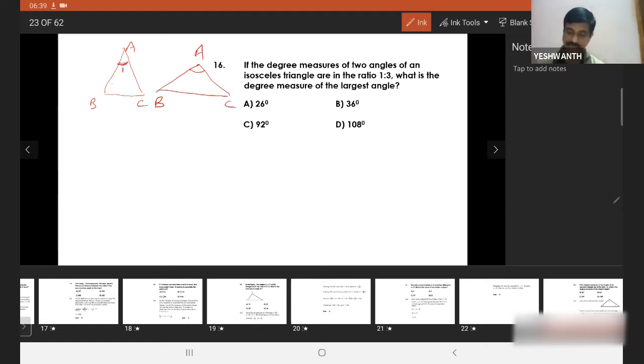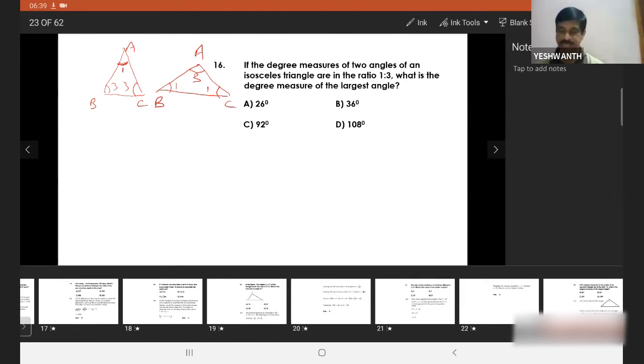So this ratio will be 1, and this ratio will be 3, and this ratio will be 3. Or if this is the case, this is 3 and this is 1 and this is 1. This is how things move on.